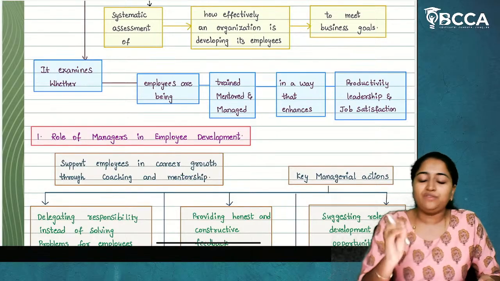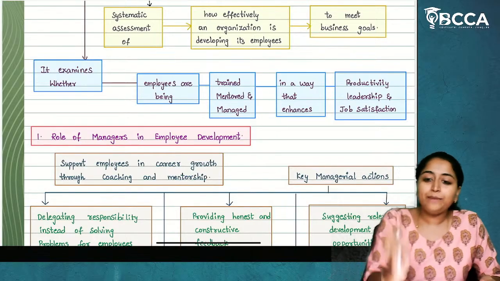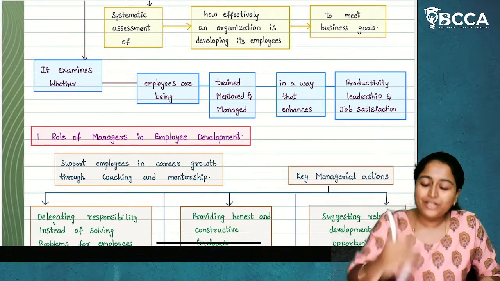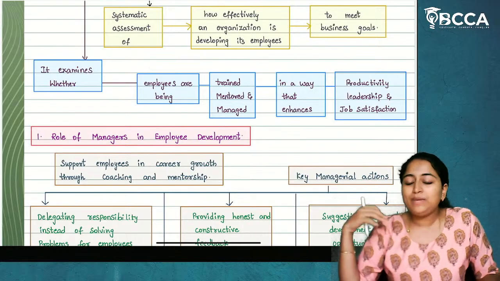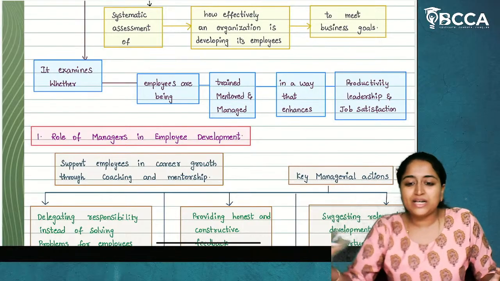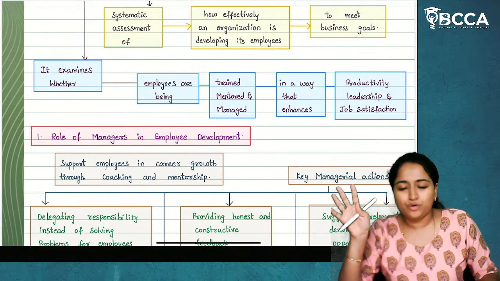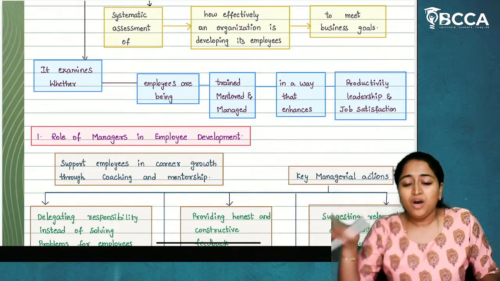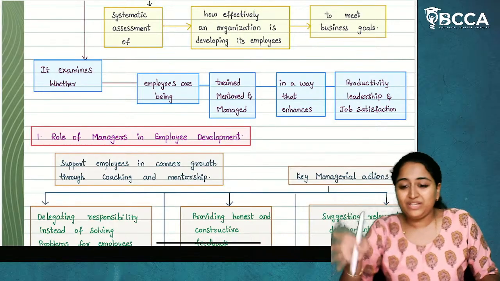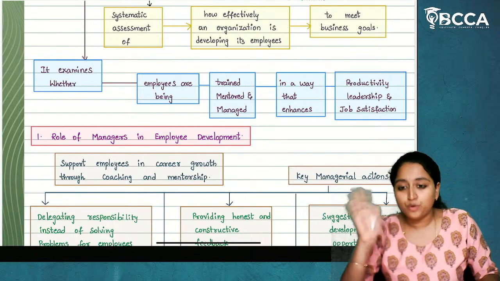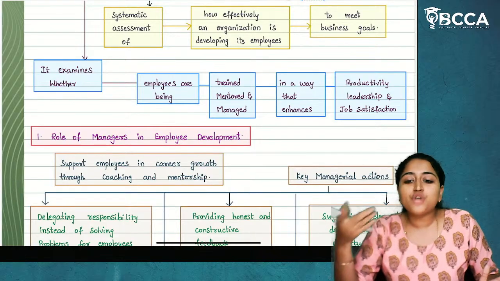Now if I am giving you a simple work and if I am telling you to do that work only throughout your lifetime, you will be enthusiastic and do that work for 1 week. And after that 1 week, you will only get bored. Okay, I'm doing this work for 1 week. The same work I have to do. You will get bored. Now the employee will not have a job satisfaction.